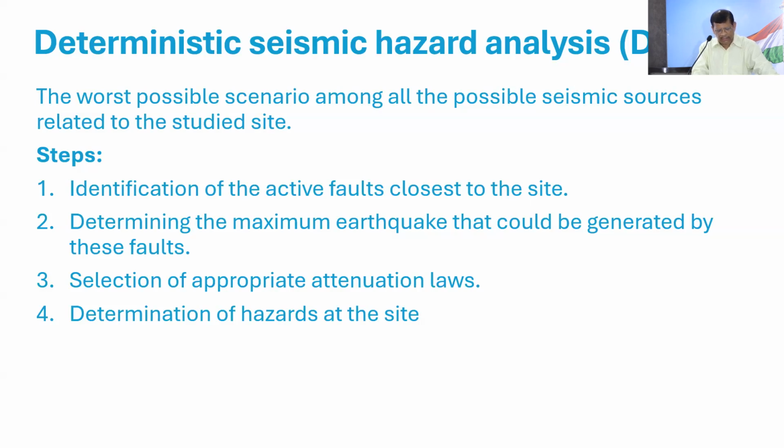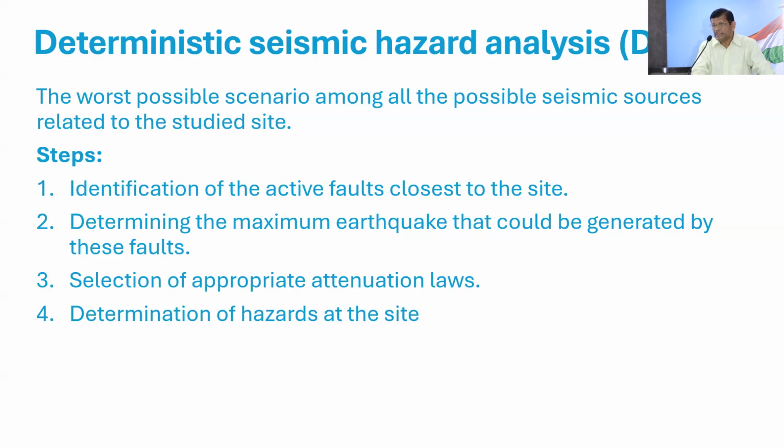And again, there are attenuation laws, where the source and how far you are from the source matter. Definitely, as you go with the distance, this whole energy and that number will be reduced. Then we determine the hazard at the site.